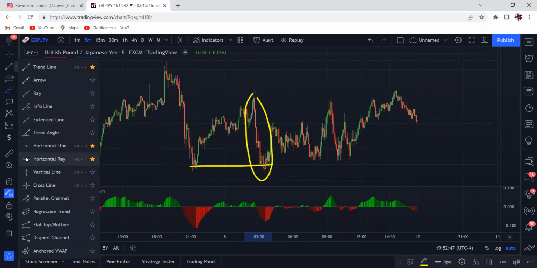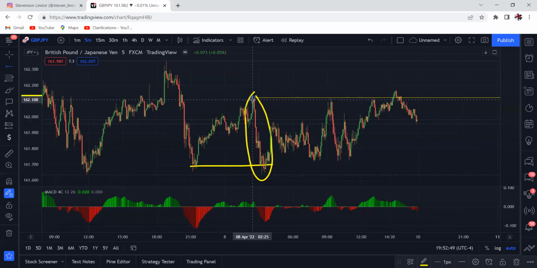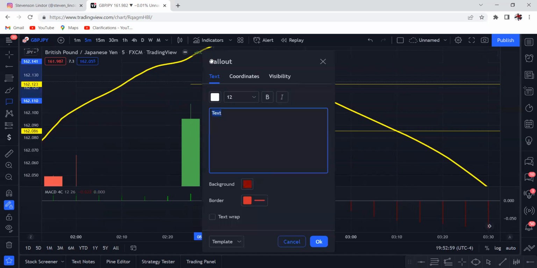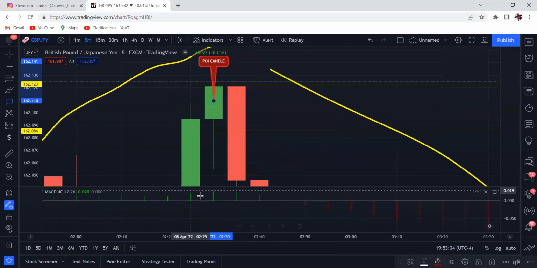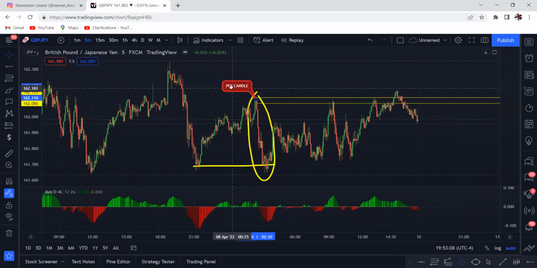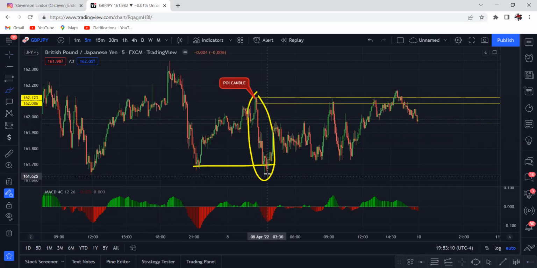So that means up here is where my last bullish candle is, right? That was my last bullish for that bearish move. So that means this is my POI. That's my POI candle. Boom. Got my POI candle. And now I'm just looking.